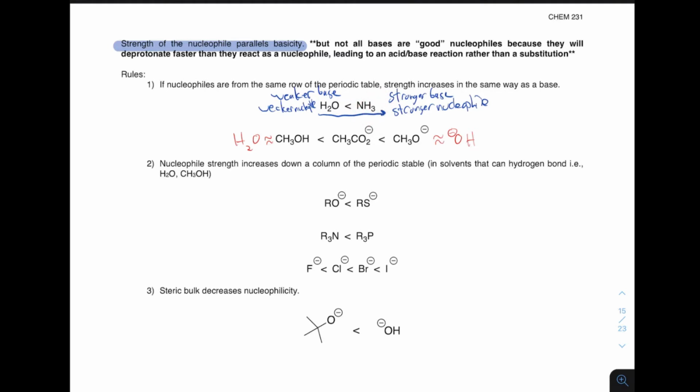And so when we're looking at the same type of atom, as we see here, we can say something very similar, where, with just methanol here, it is a weaker nucleophile than CH3O minus, and that comes right from the strength of nucleophile parallels basicity, because we know this will essentially just be the same arrow, where we have stronger bases to the right here, and so they're stronger nucleophiles.